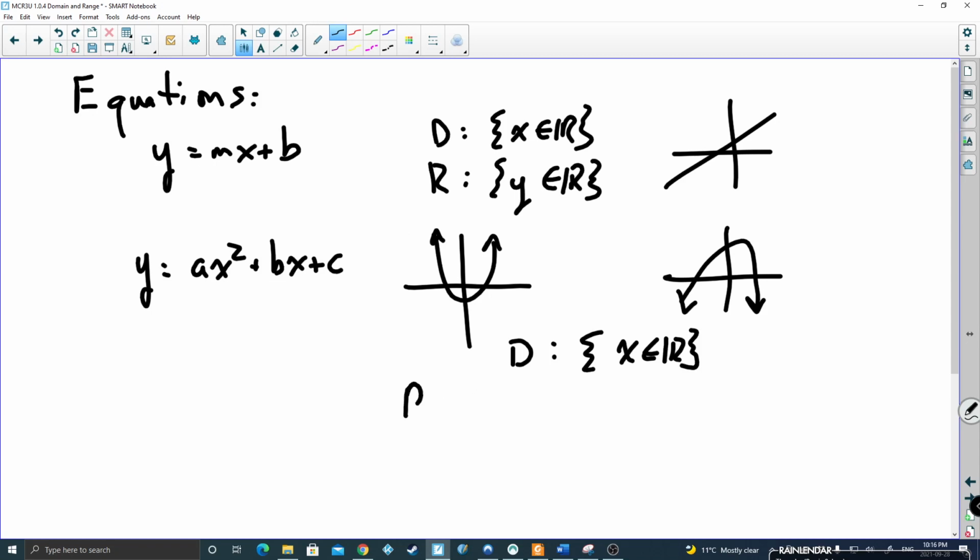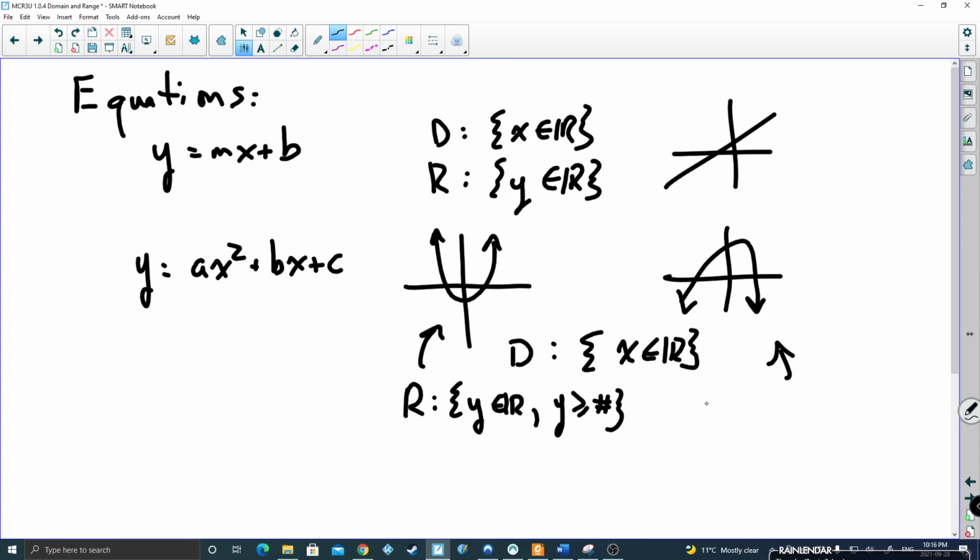But the range depends on whether the parabola opens up or opens down. In the first case here, that's supposed to be a y, we would say y is an element of R, but we would then say y is greater than or equal to a number if it's going upwards.